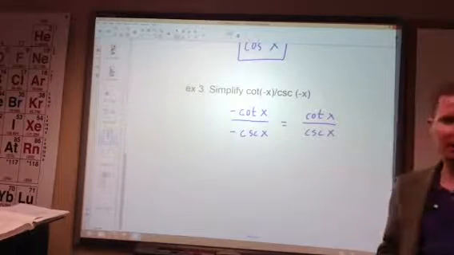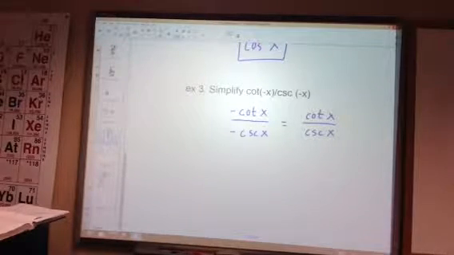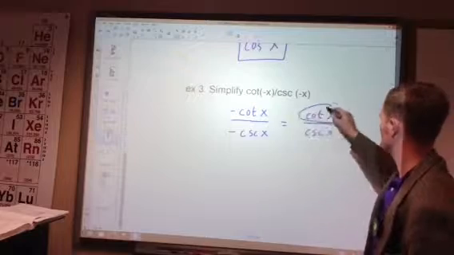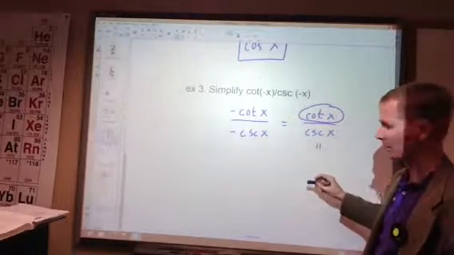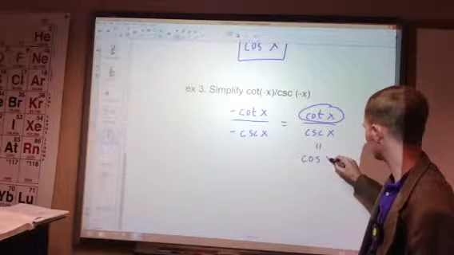And then what would be my strategy here? It's to put things that are not in sine or cosine into terms that are sine or cosine, right? So what's cotangent? It'd be cosine over sine, right?